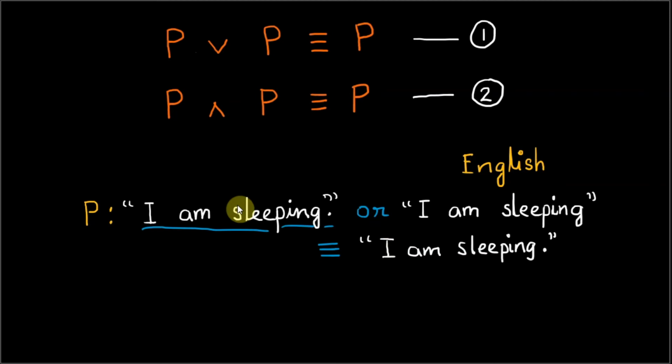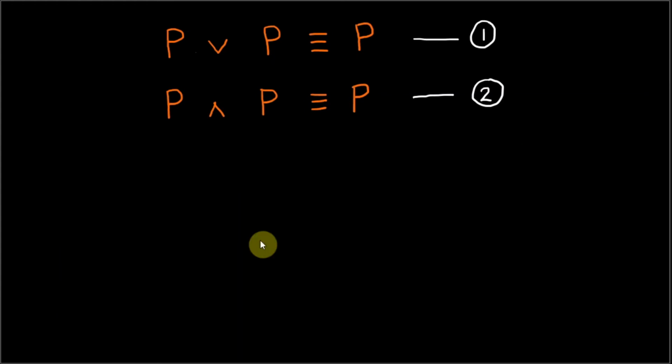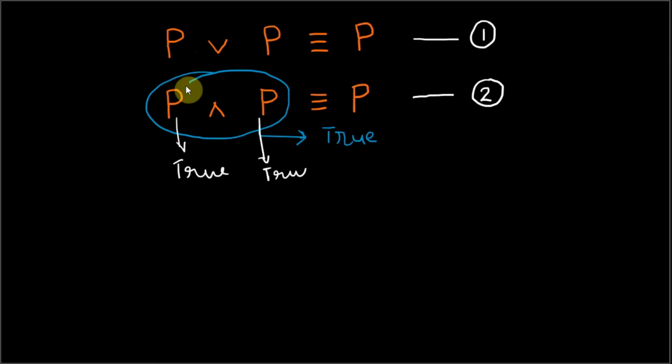We got only one choice, which can be either true or false. The second equivalence is using conjunction, which is true when both the variables are true, otherwise it is false.